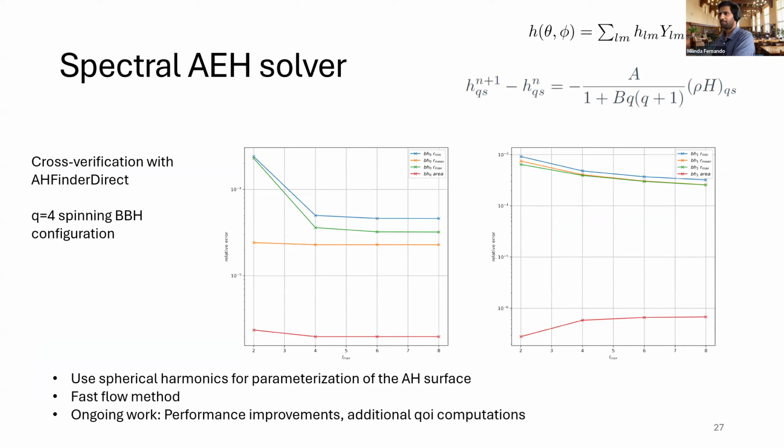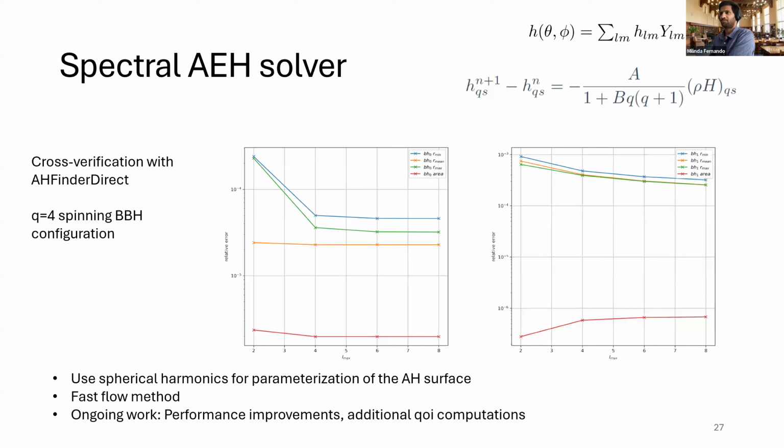And also we have implemented a spectral apparent event horizon solver, and the basic idea is you parameterize the horizon surface using spherical harmonic functions, and use fast flow methods to converge for the apparent horizons.